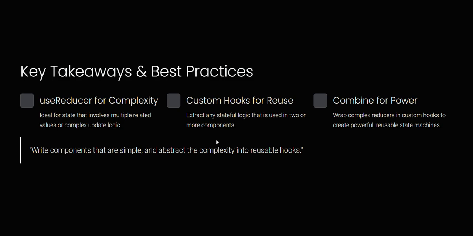If you find yourself copying and pasting useState or useEffect logic, it needs to be abstracted into a custom hook. Let's combine them for power. For complex reusable domains like a shopping cart or a multi-step form, wrap useReducer logic inside a custom hook for the cleanest possible component interface.